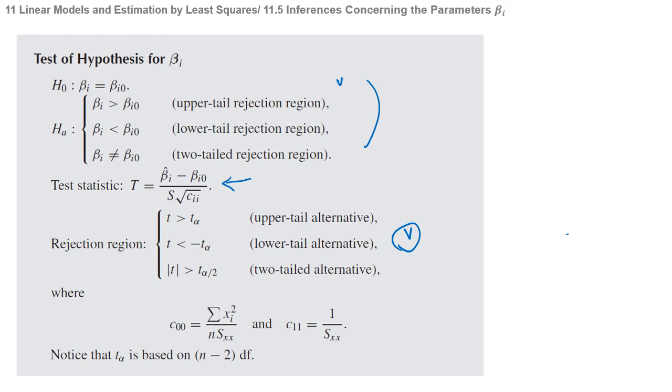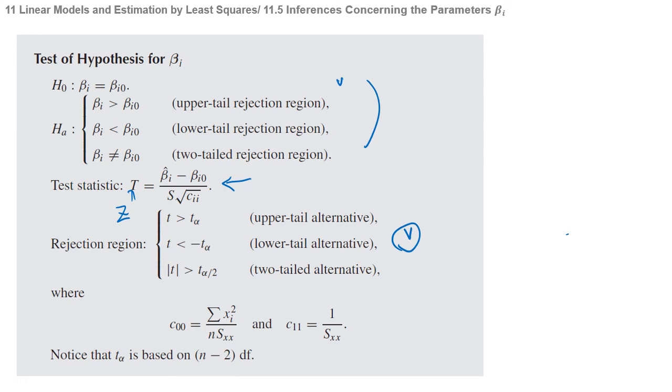If the sample size is sufficiently large, you can replace this with z. You can use the normal approximation if n is sufficiently large. But if your n is small, like smaller than 30 or so, then you can use the t-statistic like this.